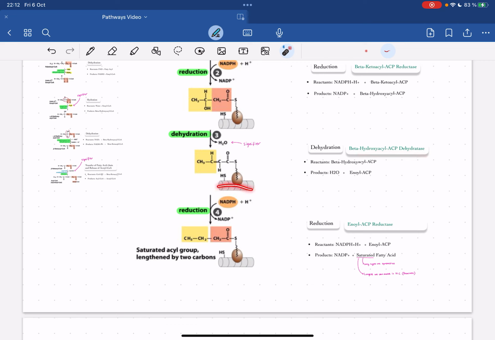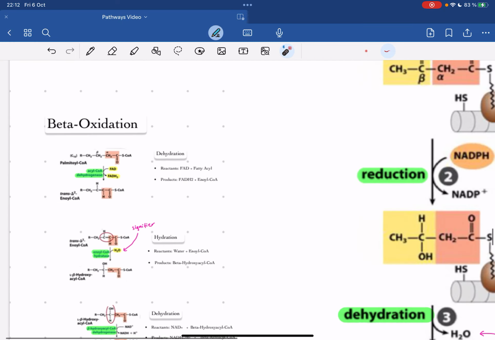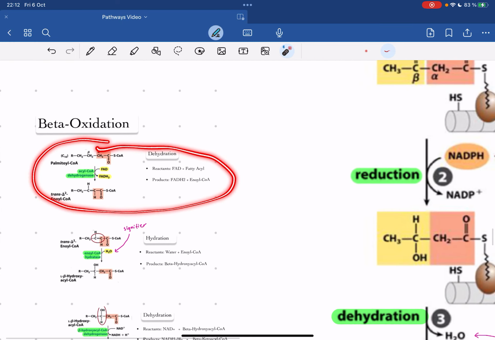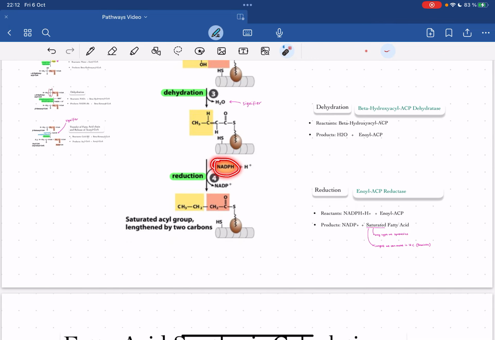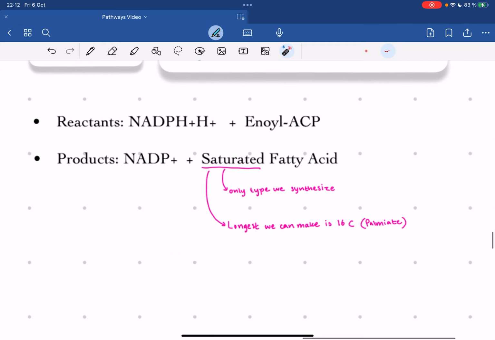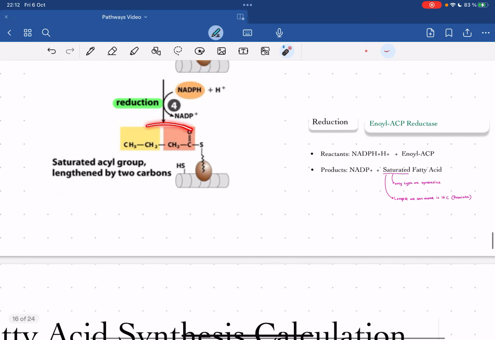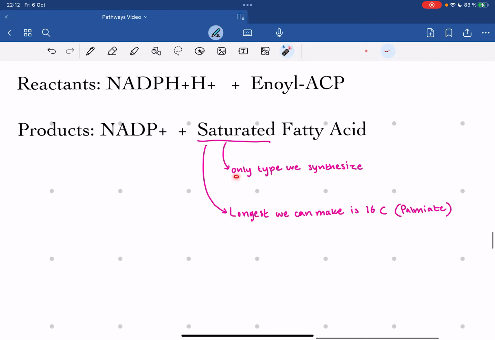And then finally, for our final reduction, which represents the opposite of this dehydration, we use another NADPH plus H plus. It's another reducing enzyme, which would be the enol ACP reductase. Here we create saturated fatty acids right here, and it is the only type of fatty acid that we synthesize.